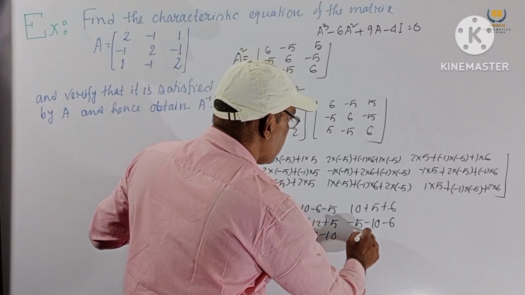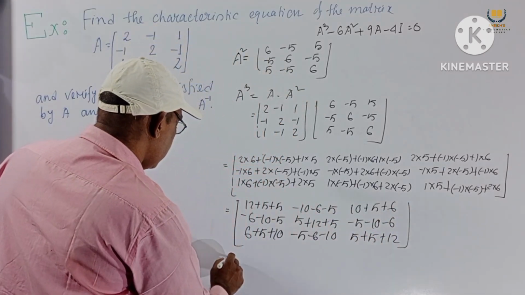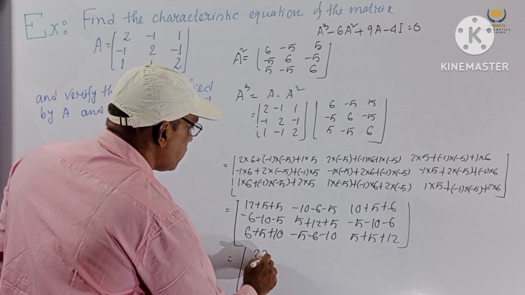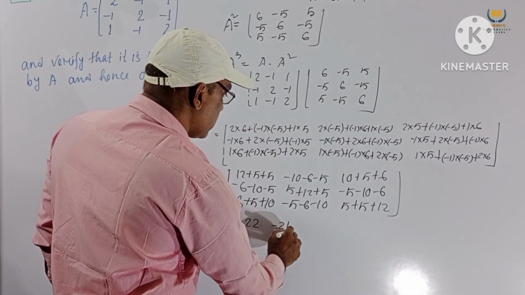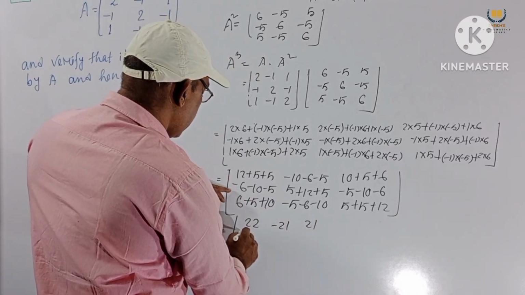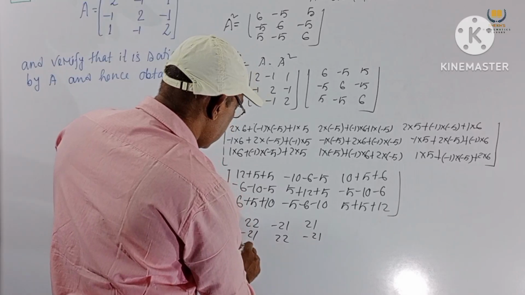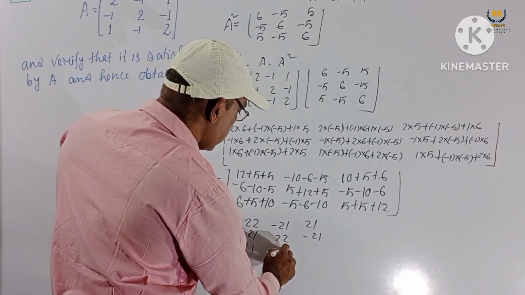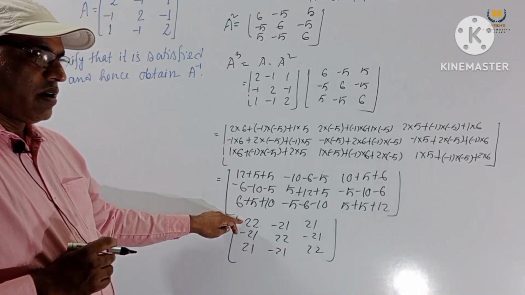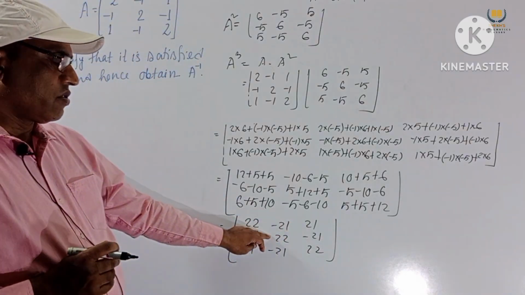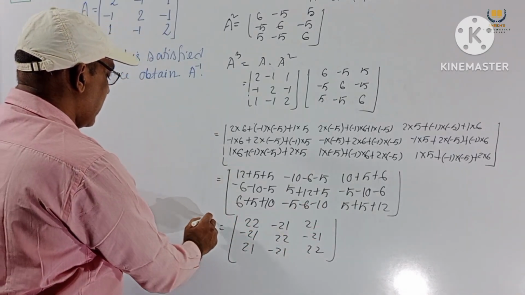This is 5 plus 5 plus 12. We get this, so this will be 22, minus 21, 21; minus 21, 22, minus 21; 21, minus 21, 22. We get this as our A cubed.